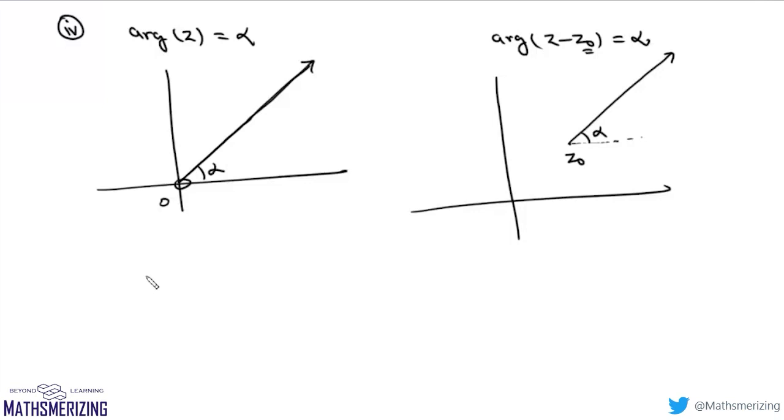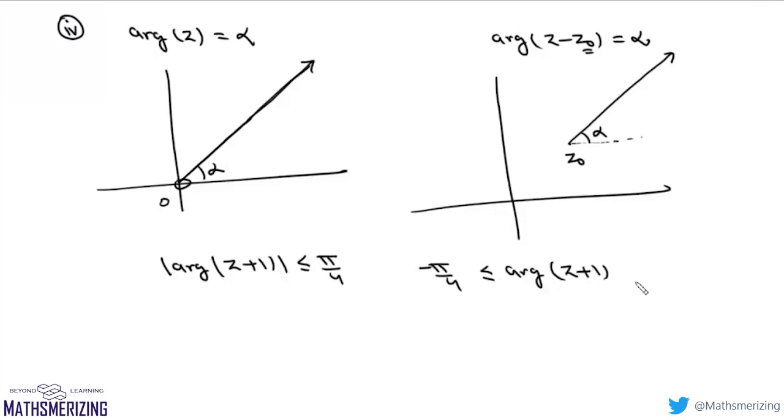Now we have any general case, say mod of argument of z plus 1 is less than or equal to pi by 4. Now we can write this as minus pi by 4 is less than or equal to argument of z plus 1 is less than or equal to pi by 4.